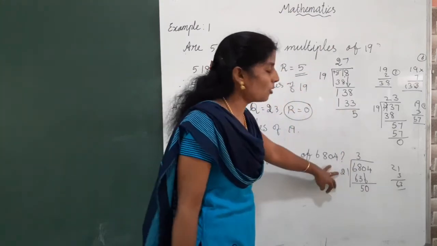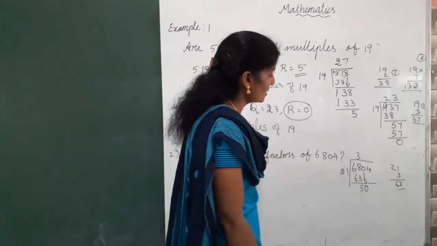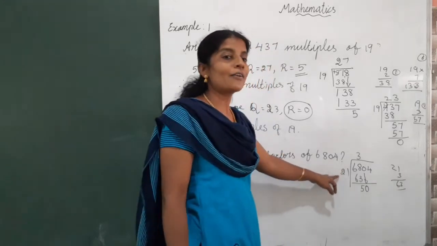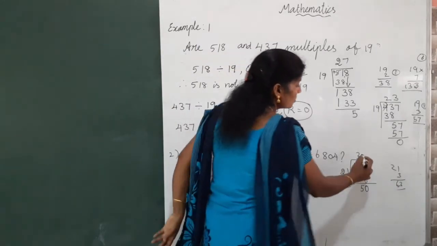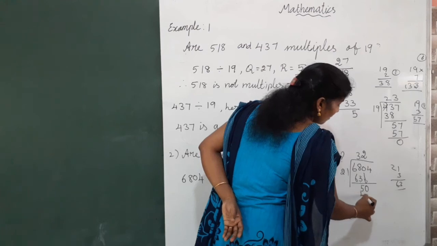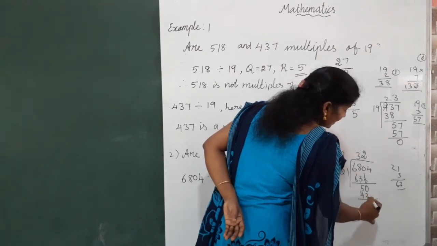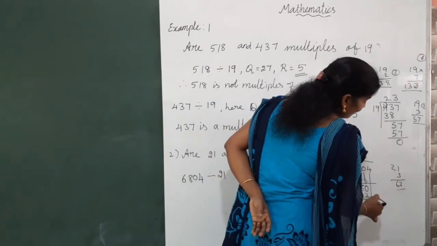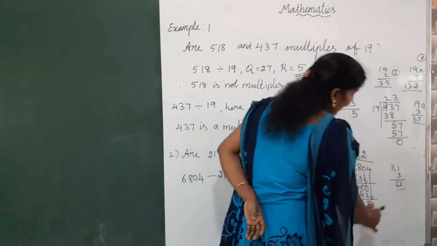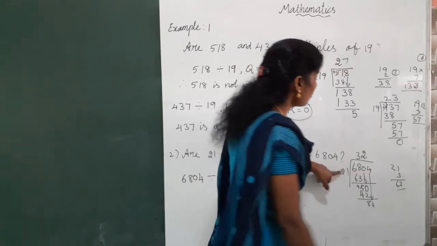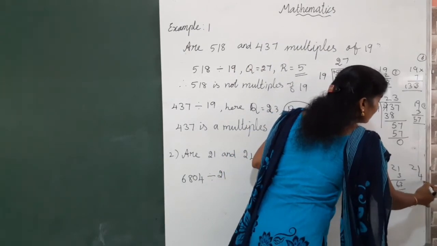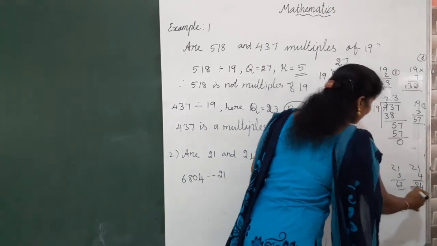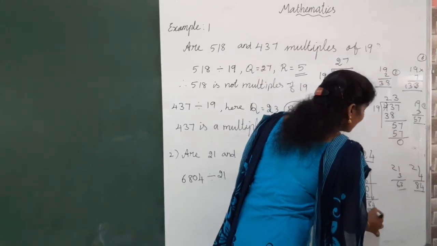Now 21, how many times? 2 times, isn't it? 2 21s are 42. So we can write 2 times 42, then 10 minus 2 is 8, here 4. Now again we can take this 4 down, 84. Now 21 into 4, 84, isn't it? So 4 times 84.